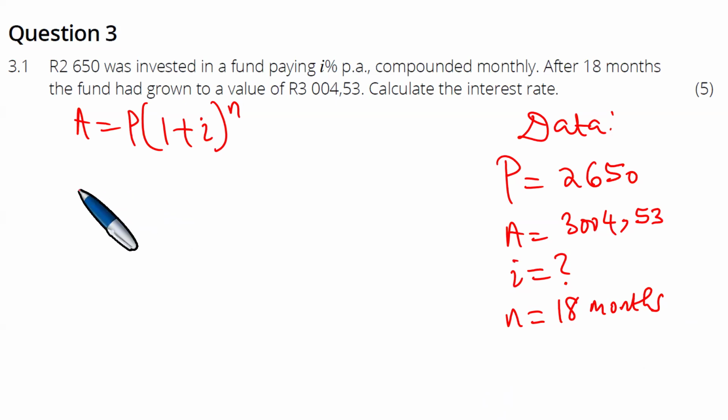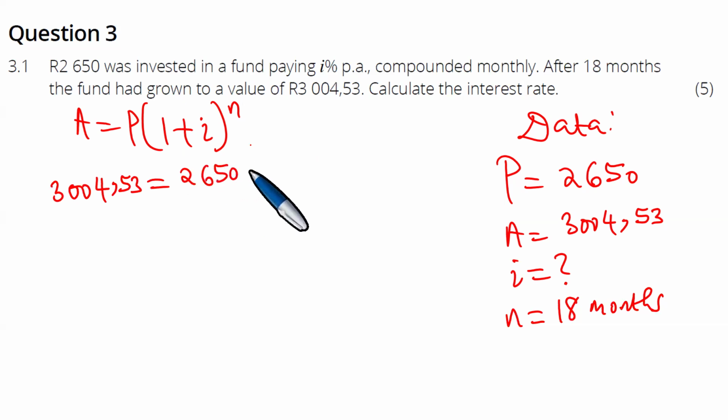So which means that at this point, what you have here is the following. 3004.53. The principal is 2650. 1 plus, you need to calculate the interest rate. Right, if it's compounded monthly, which means that we have i divided by 12. And now n is exactly 18 months, like that.